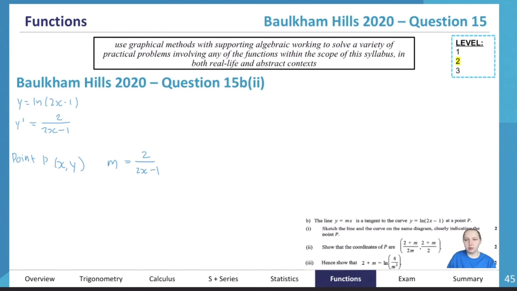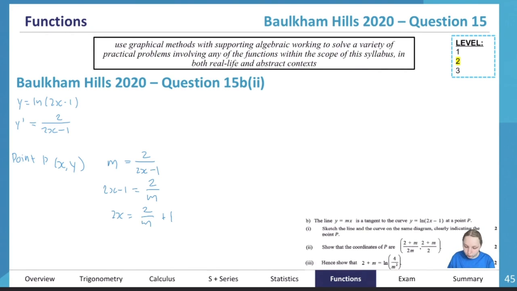Okay, hopefully that makes sense so far. So then we're going to be able to rearrange this, and get 2x minus 1 equals 2 over m as our gradient there. So then 2x equals 2 over m plus 1, and we just plus the 1 across.